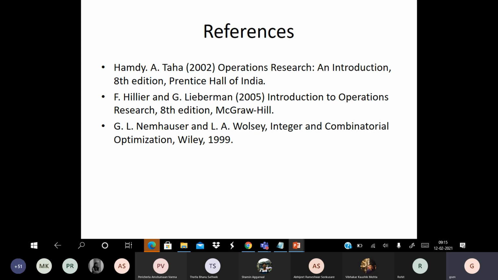This may be available online, but only some restricted chapters. I'll try to send you those chapters. So if some of you are interested in research in integer programming or discrete optimization, then you can refer to this book to know more details and more advanced topics. But for this course, the first two books should be sufficient.